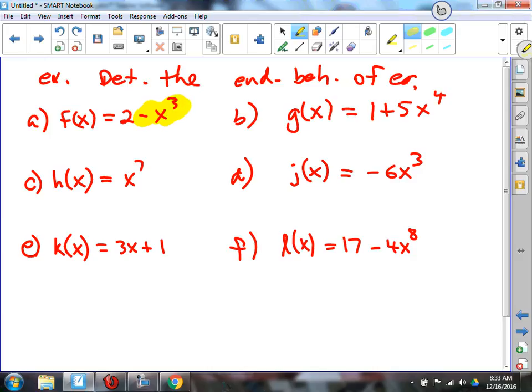The leading coefficient's negative. Is the graph going to be going up or down on the right? On the right, the graph's going to be going downward. Because the degree is 3, which is odd, what's the graph going to be doing on the other side? The same thing or the opposite thing? The opposite thing. So the end behavior then would be up, down.